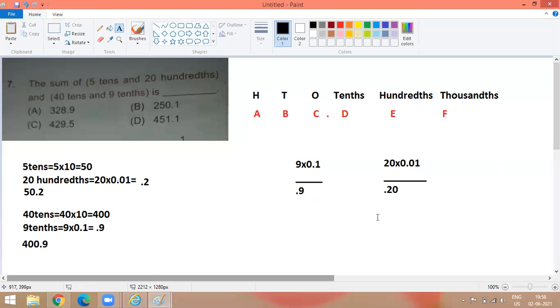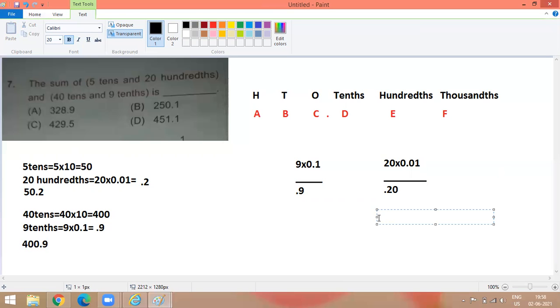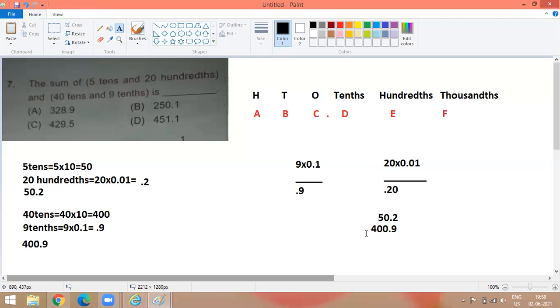The question is to add up both the numbers. We want to find the sum of both the numbers. So we will add 50.2 with 400.9. Nine plus 2 is 11.